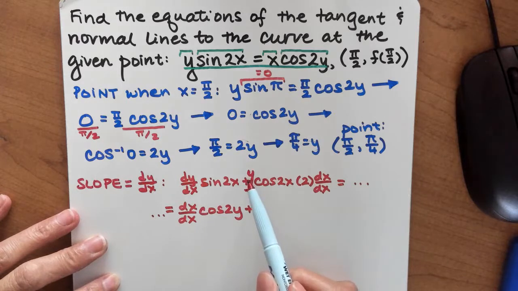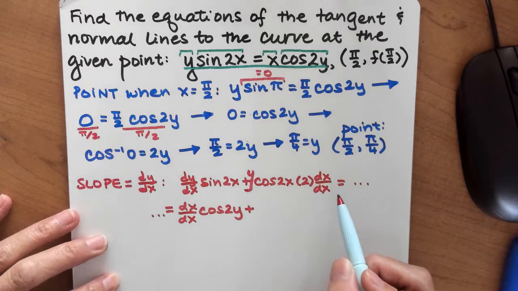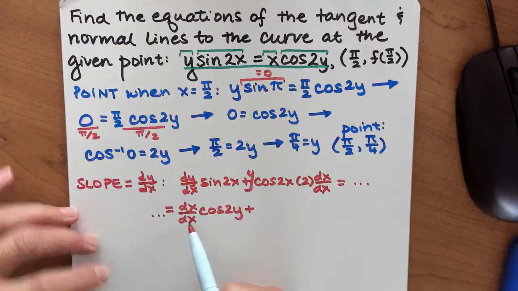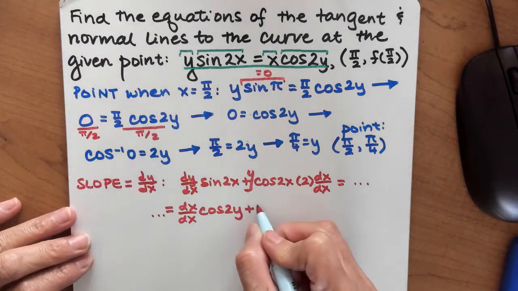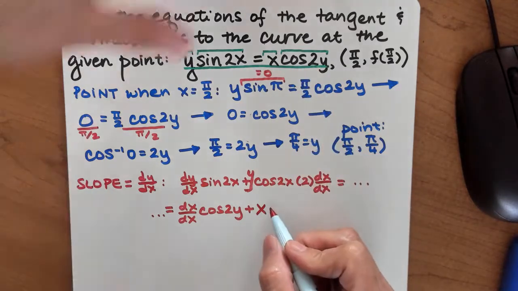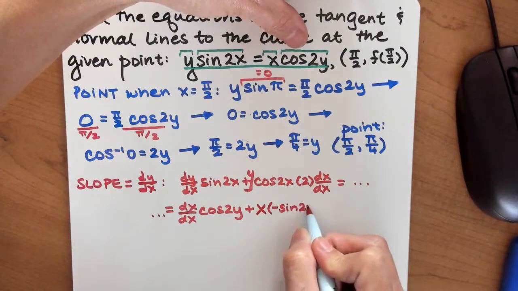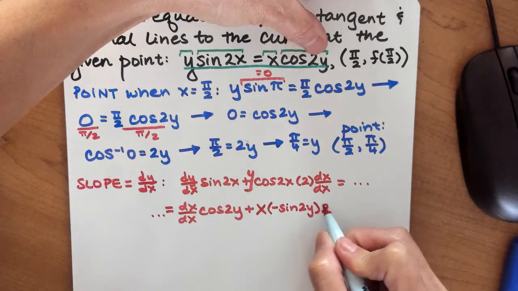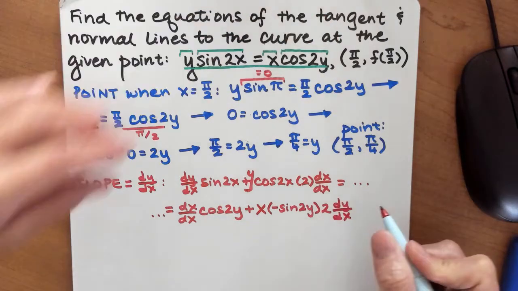Sorry about that. y times the derivative of sine 2x. Okay, let's go back to the right side of the equation. I have the derivative of x times cosine 2y plus x times the derivative of cosine 2y. So the derivative of cosine is negative sine, also of 2y. The derivative of 2y is 2, and then the derivative of y is dy dx.